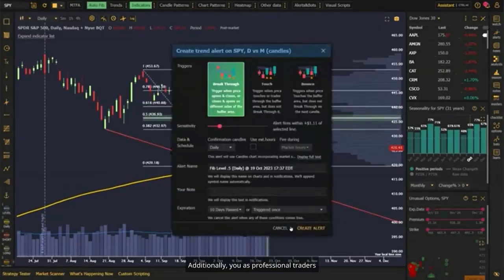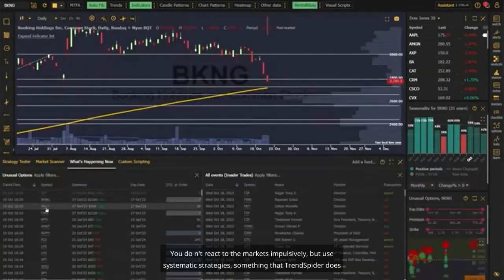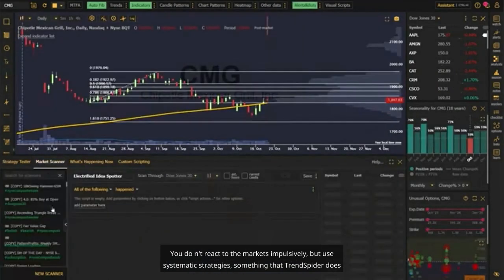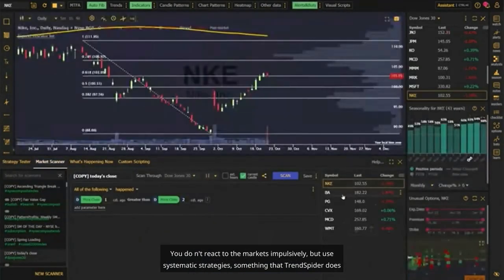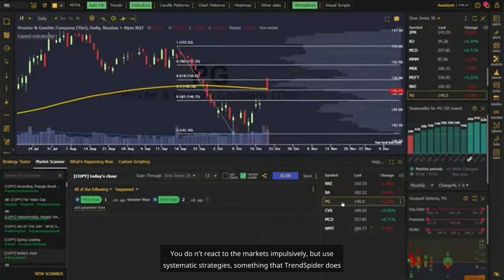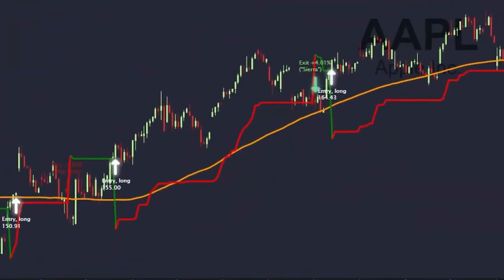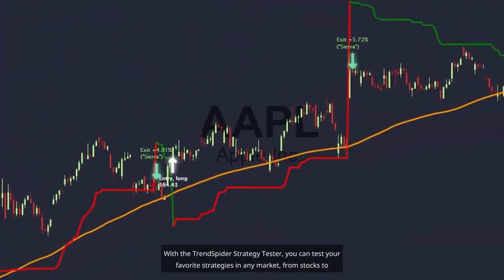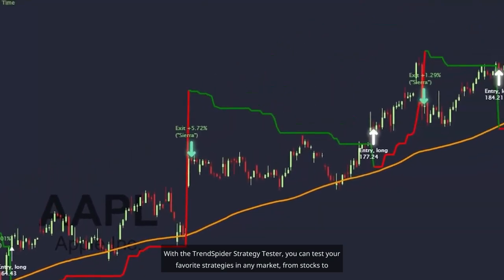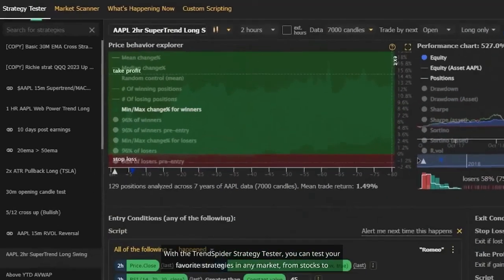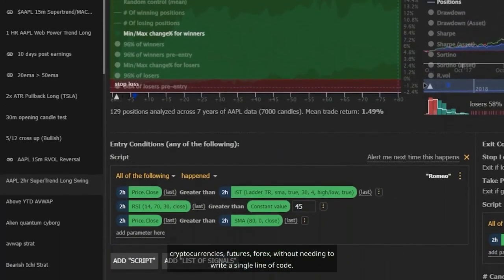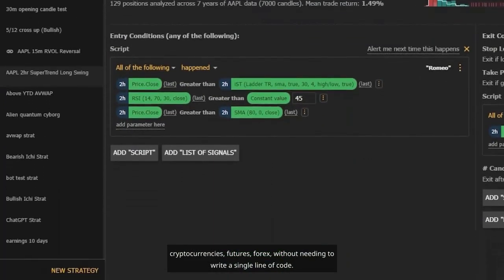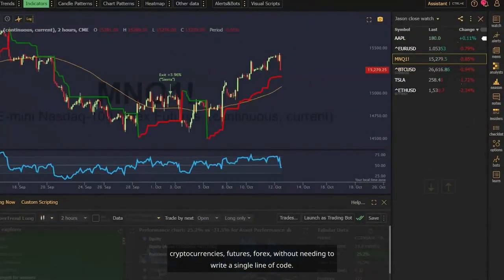Additionally, you as professional traders, you don't react to the markets impulsively, but use systematic strategies, something that TrendSpider does for you in a few seconds. With the TrendSpider Strategy Tester, you can test your favorite strategies in any market, from stocks to cryptocurrencies, futures, forex, without needing to write a single line of code.